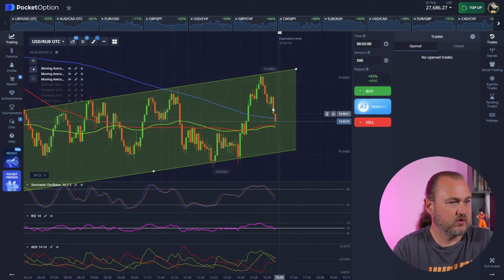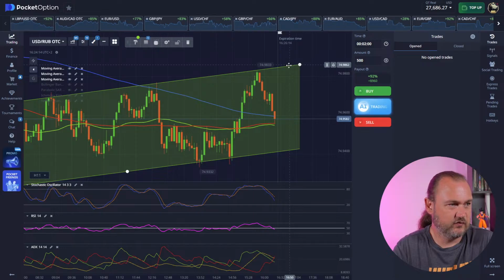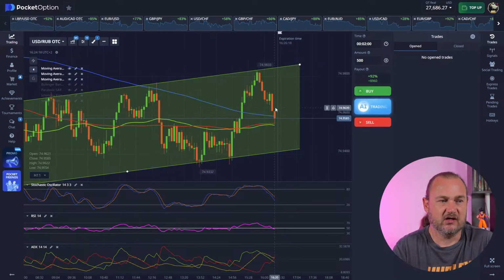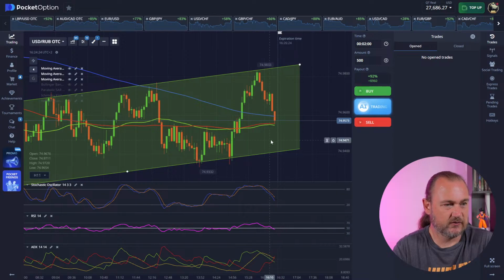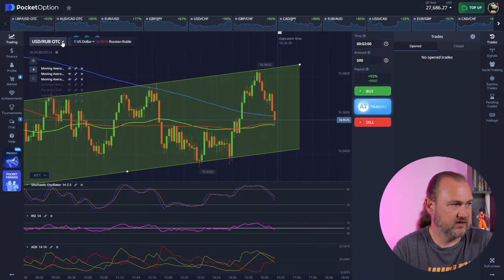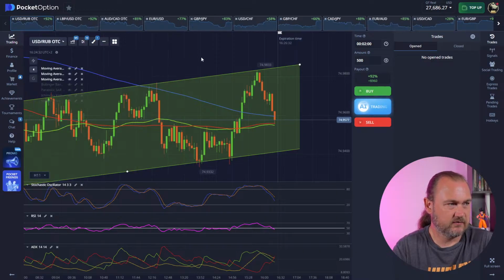I'm liking this because we are hitting a support area. We've got a few more seconds to go, but if this does push back all the way, which it could, we're going to see the RSI push back upwards as well. And if not, I'm still going to wait until the next candle, because that still might happen.